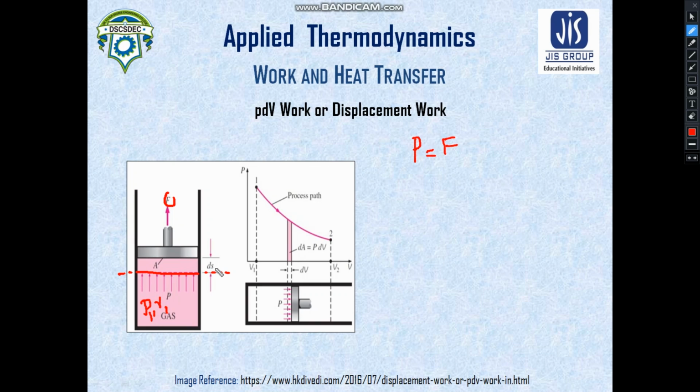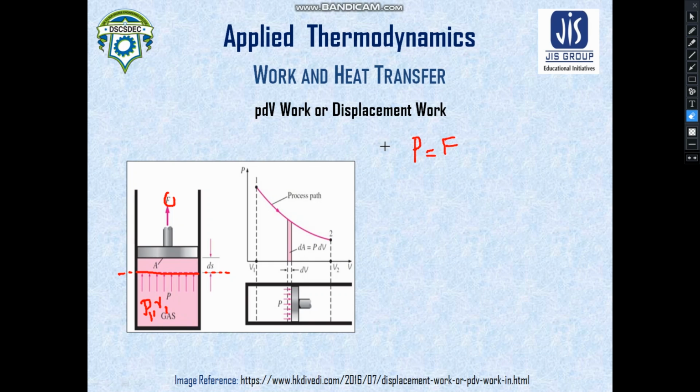We can easily understand from our previous discussions that if work is done by the system on the surroundings, then we treat this kind of work as positive work. So we are treating the gas as our system, and the gas is exerting some amount of force on the piston, by virtue of which a certain amount of work is being done.